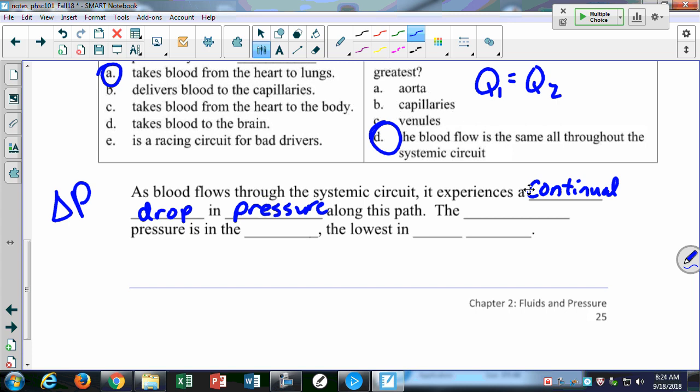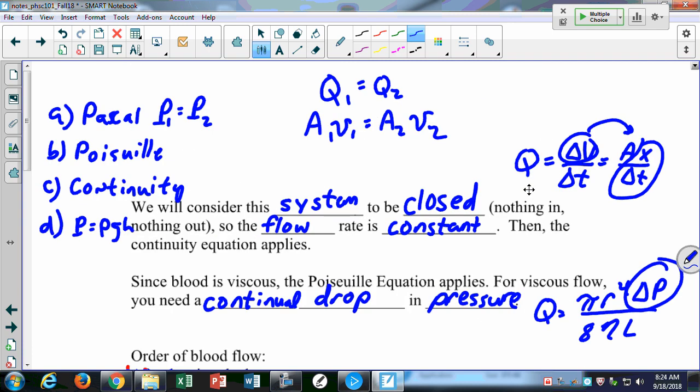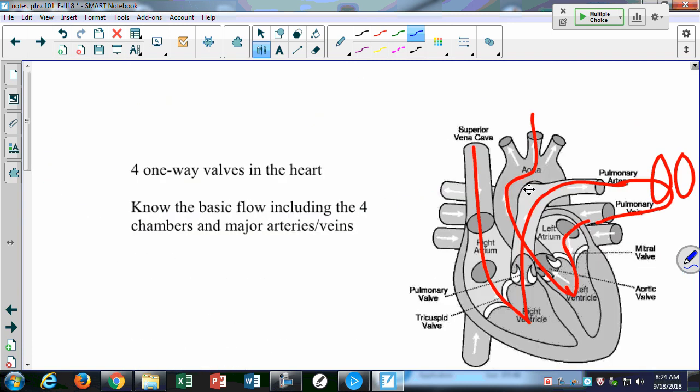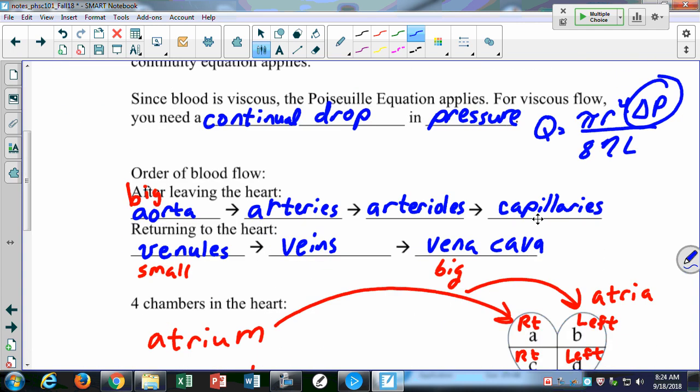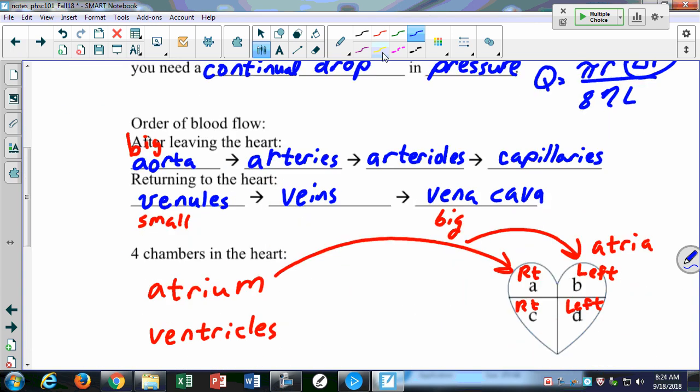The highest pressure is, where do you think? Where do we have the highest pressure in the systemic circuit? If we go back to look at our order of blood flow, where are we going to have our highest pressure, and where will we have our lowest pressure? From the aorta to the arteries to the arterioles to the capillaries.